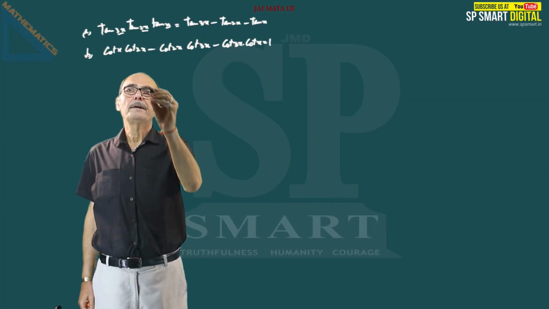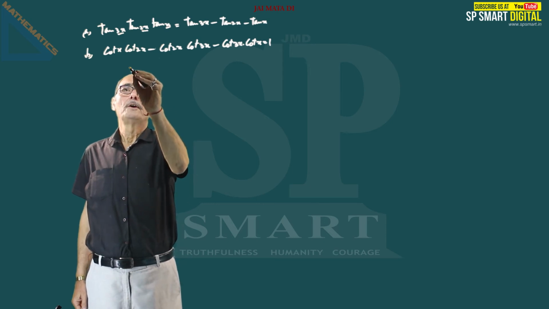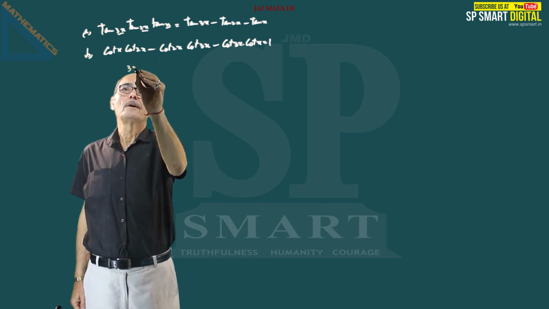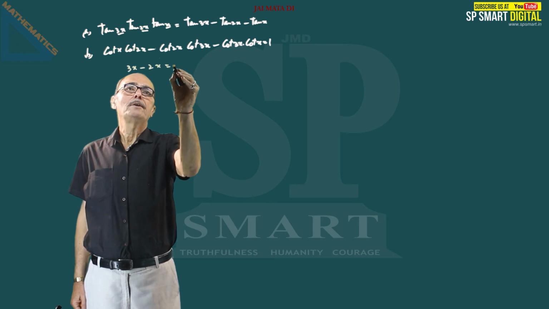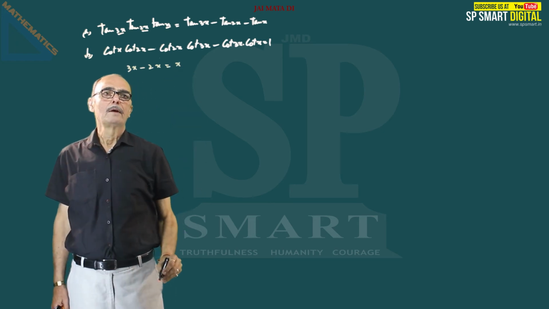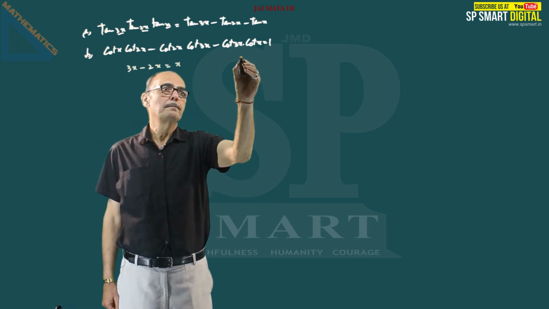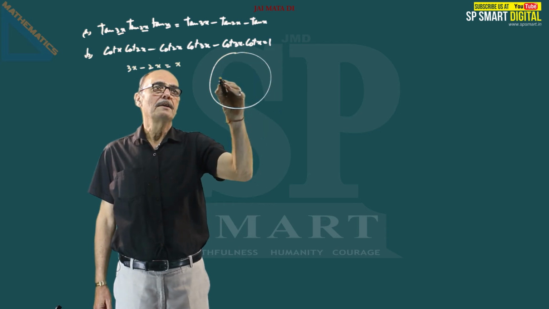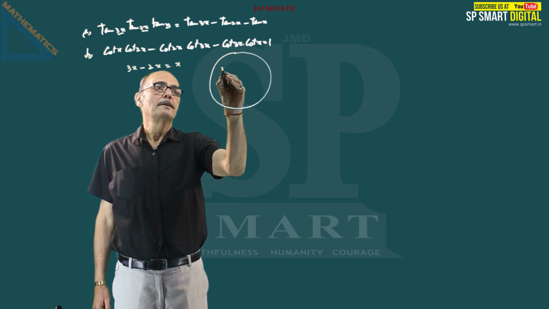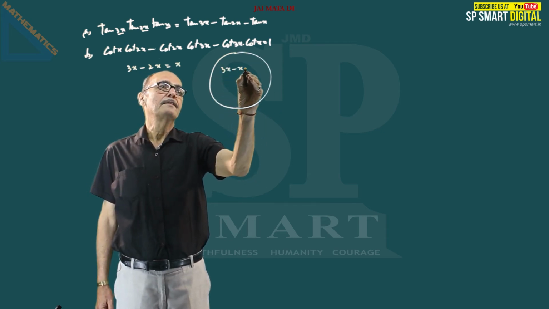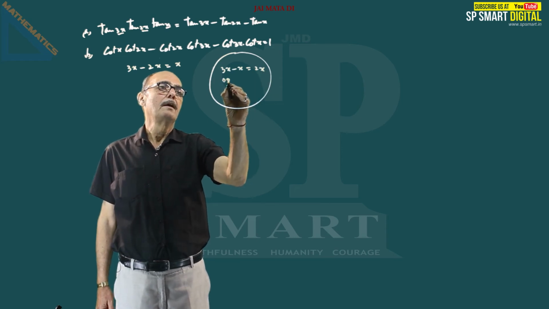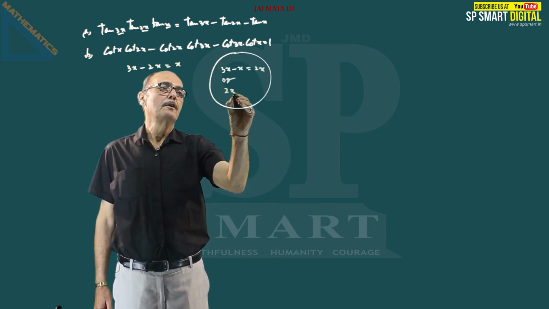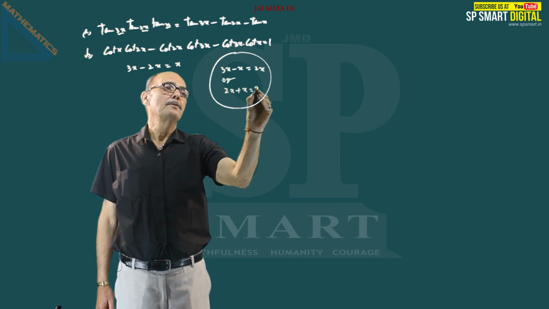We take up any relation between 3x, 2x and x: 3x minus 2x equal to x. We could take up the relation as 3x minus x equal to 2x, or 2x plus x equal to 3x.